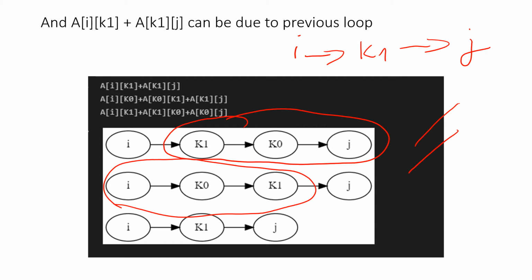Or we could have found out that the best way to get from I to K1 is through the direct path, and also from K1 to j is through the direct path. But this means that whenever we now consider a new K as the middleman, we have already considered older Ks as the middleman between all the potential node pairs of I and j.